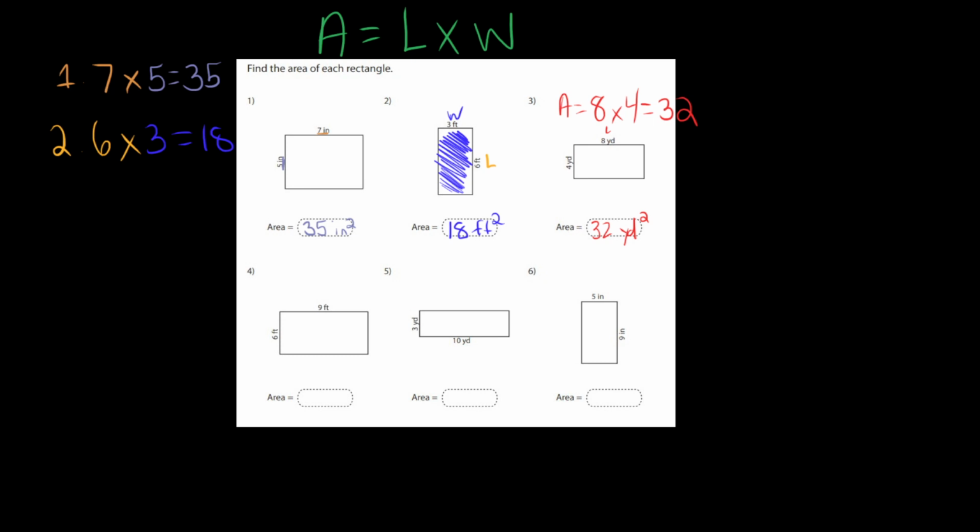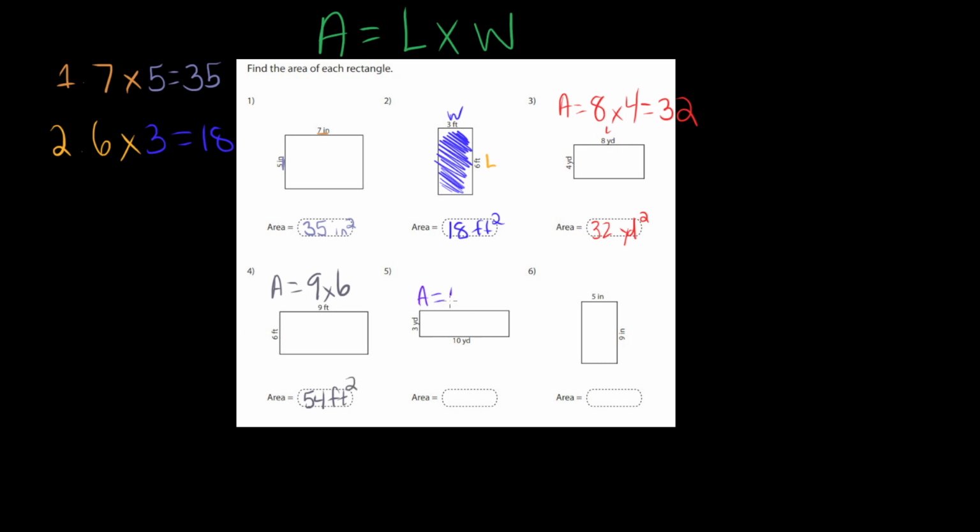9 times 6. Okay. Area is going to be 9 times 6, which is going to give us 54 feet squared.